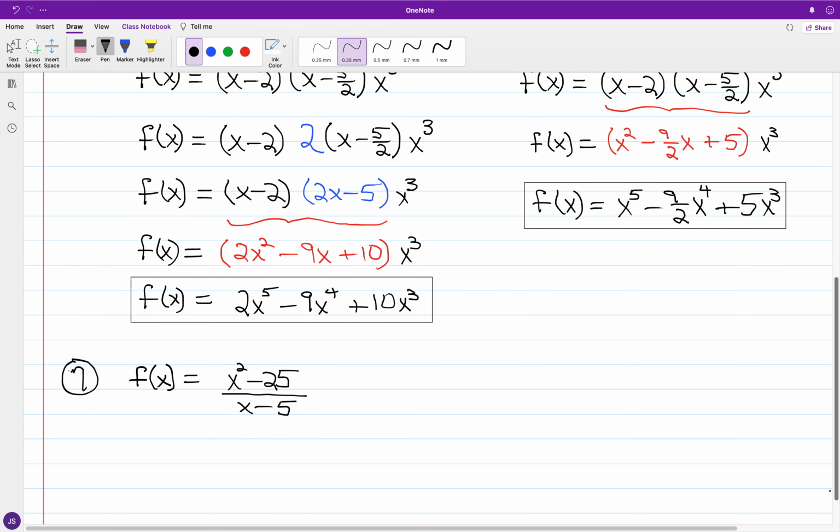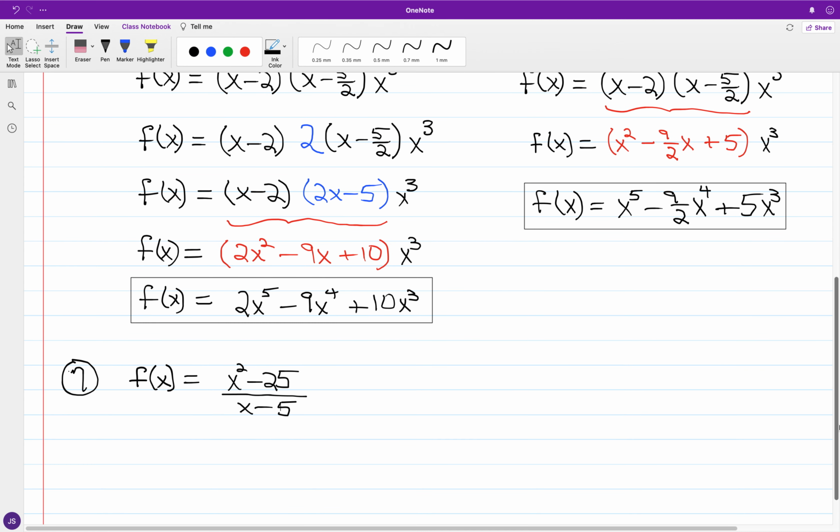Now if we're looking for both the domain and any possible vertical asymptotes. So we have f of x, x squared minus 25 over x minus 5. And for the domain, for a rational expression, the denominator cannot be equal to 0.